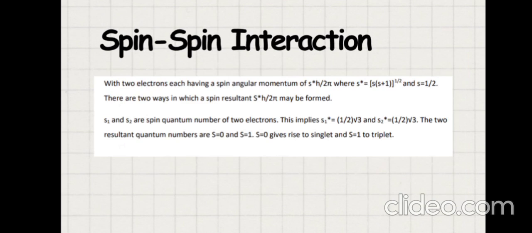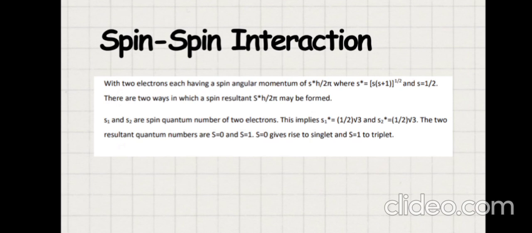Next is spin-spin interaction. With the two electrons each having a spin angular momentum of S* h/2π, where S* is equal to [S(S+1)]^(1/2) and S is equal to 1/2. There are two ways in which a spin resultant S* h/2π may be formed.